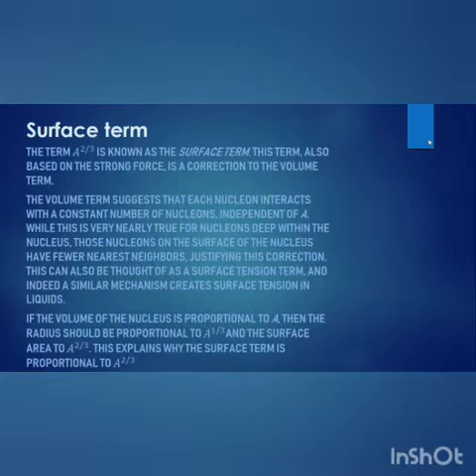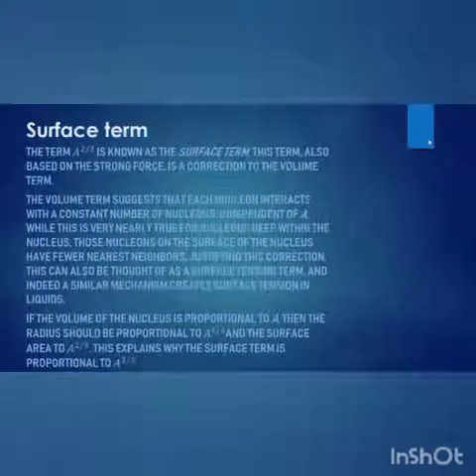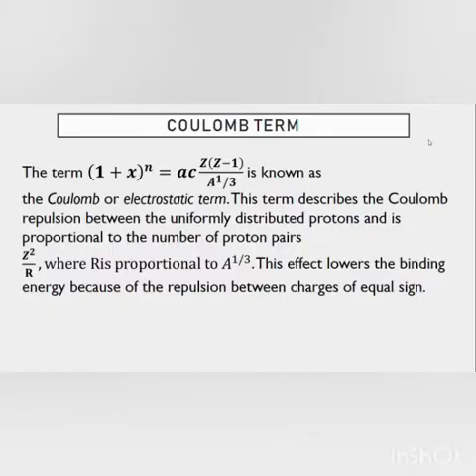If the volume of the nucleus is proportional to A, then the radius should be proportional to A to the power 1/3 and the surface area to A to the power 2/3. This explains why the surface term is proportional to A to the power 2/3. The term a_C Z(Z-1)/A^(1/3) is known as the Coulomb or the electrostatic term.